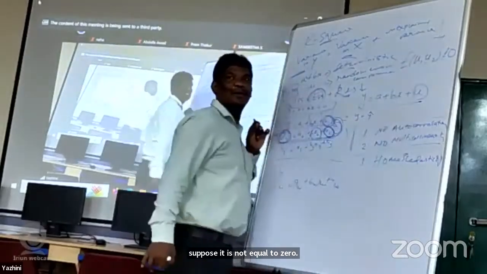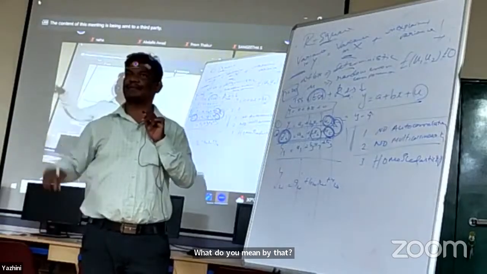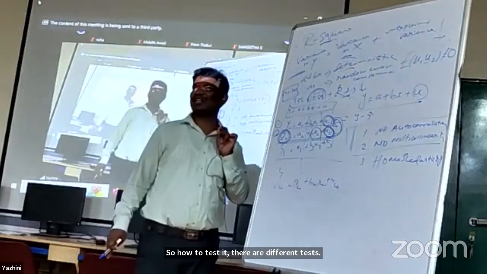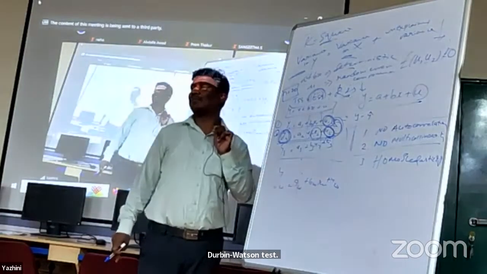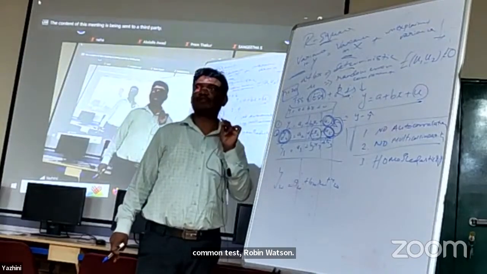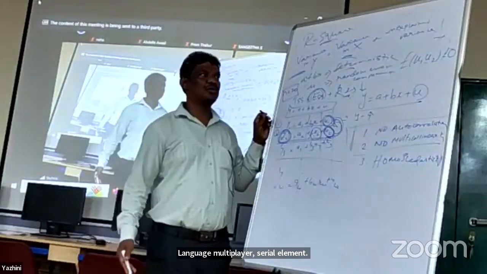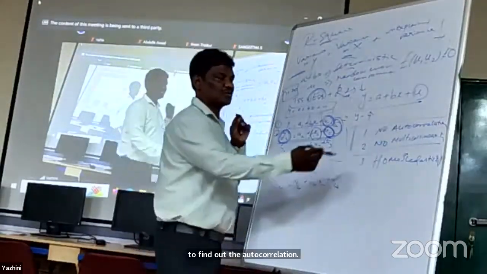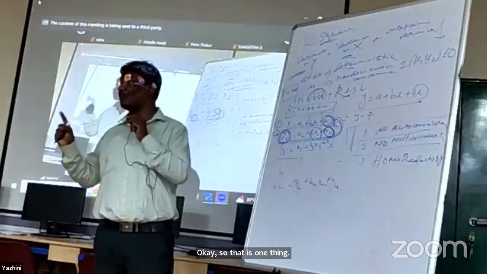What do you mean by that? There is an autocorrelation. So how to test it? There are different tests. The Durbin-Watson test is the common test. Then the Serial LM test, the Lagrange multiplier test. There are many tests to find out autocorrelation. Okay, so that is one thing. Hope you got an idea about autocorrelation. That should not be an autocorrelation issue.